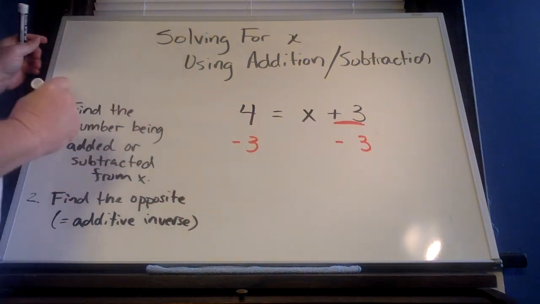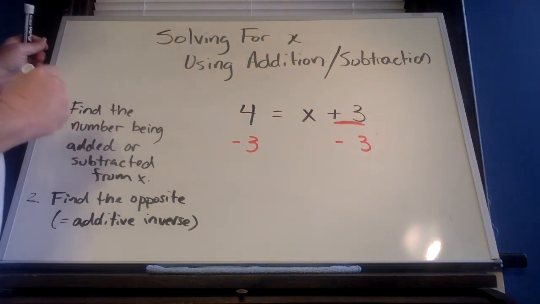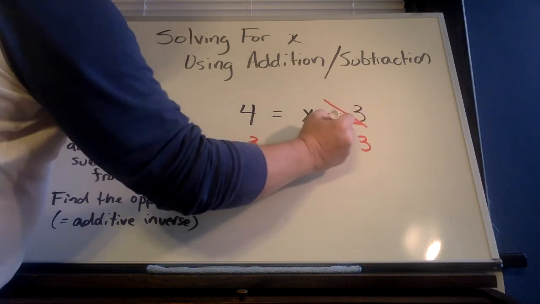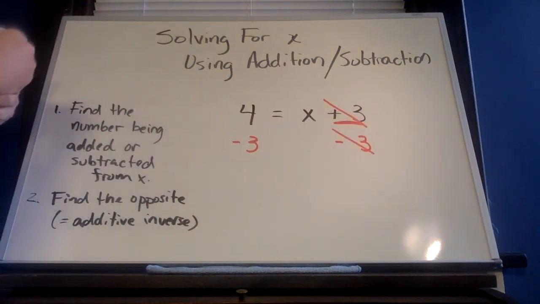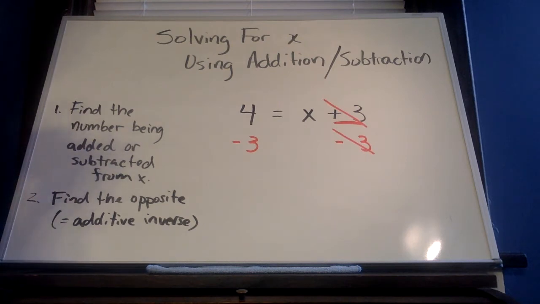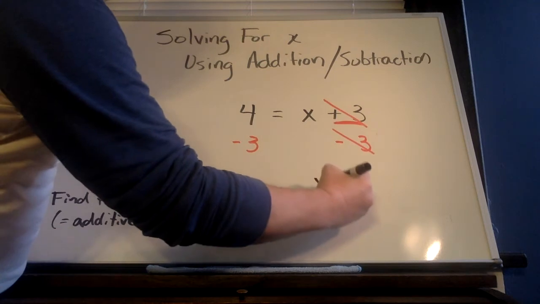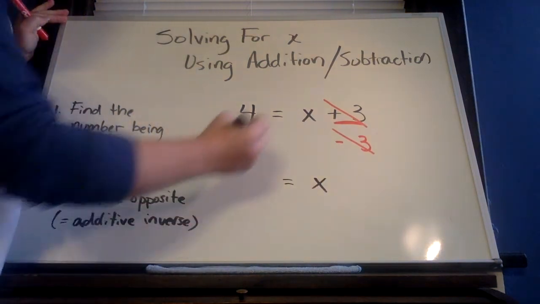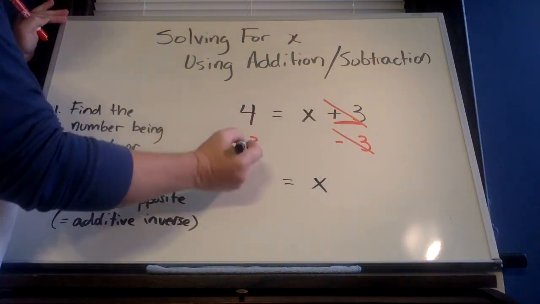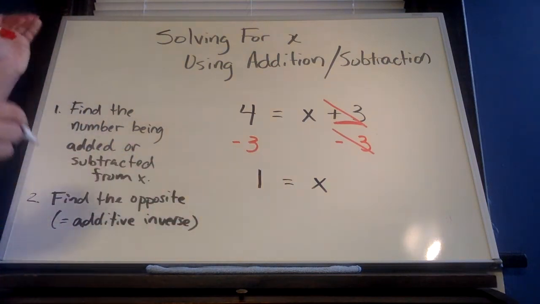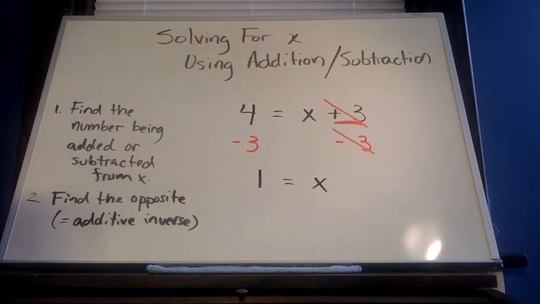Whatever I do to one side, I have to do to the other. So plus 3 and minus 3 are going to always cancel each other out. Because opposites are the same distance from 0, whenever you add opposites, you automatically will then get 0. X is now by itself, and 4 minus 3 will get us 1.